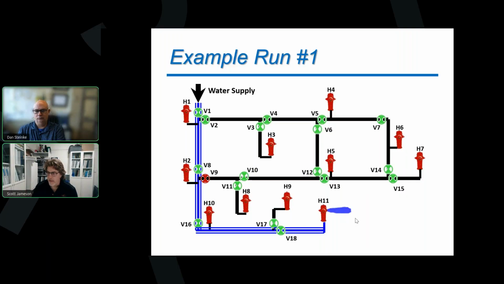I'm going to be creating a low pressure zone there. The water is all going to be rushing, trying to get to hydrant number 11. So this little line that's going out to hydrant number 9, the water is not going to want to go down that line, right? That might be an area where I'm going to want to put a pressure gauge on hydrant number 9 and measure that pressure.